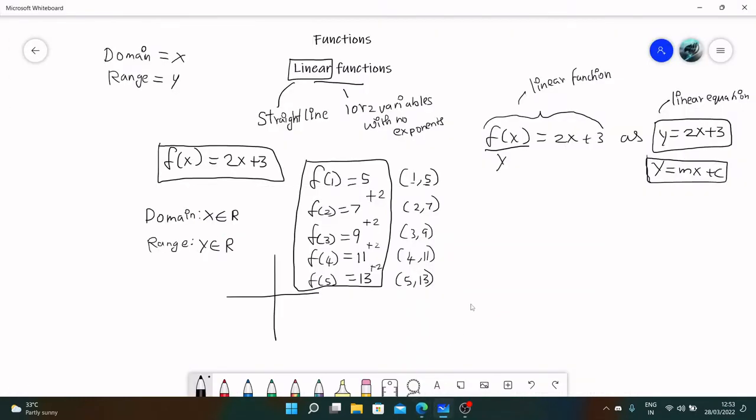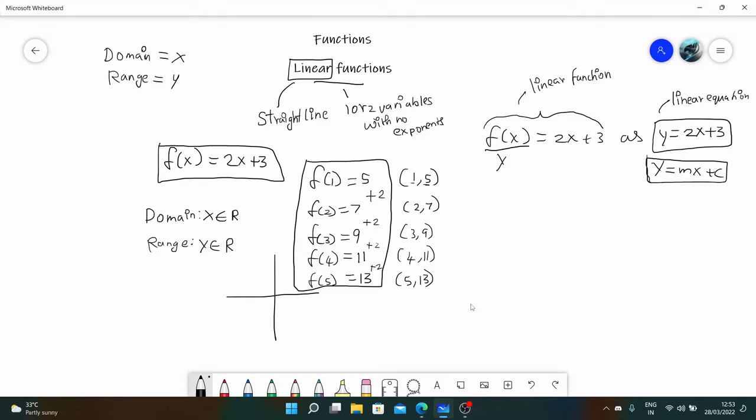It also allows us to understand the relationship between the input and the output. So a function is just a different way to represent a linear equation to be able to get more information about the equation itself.